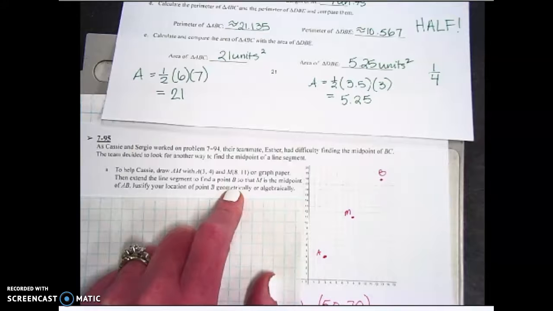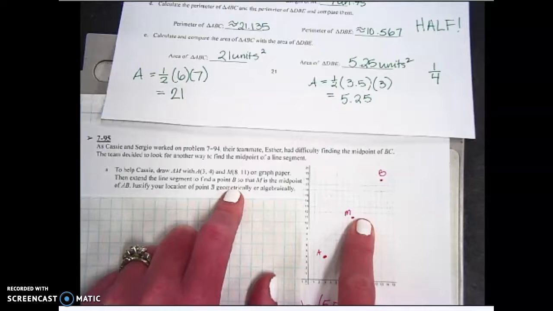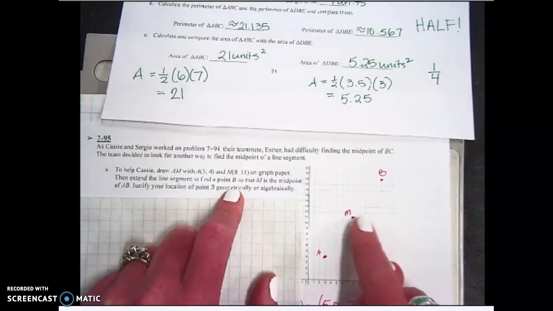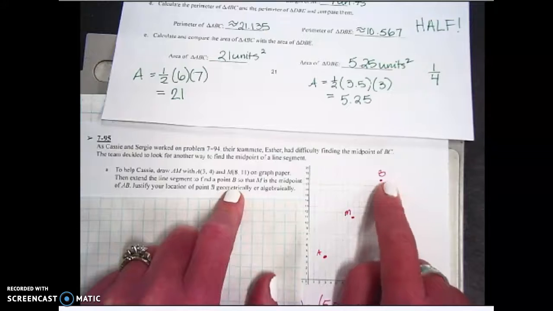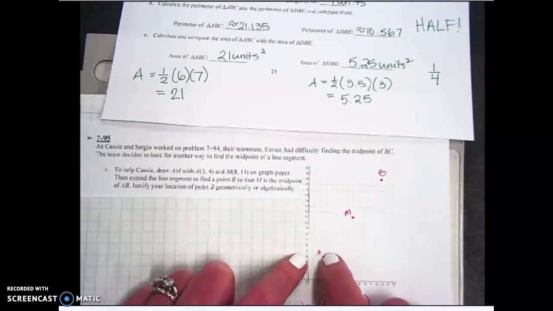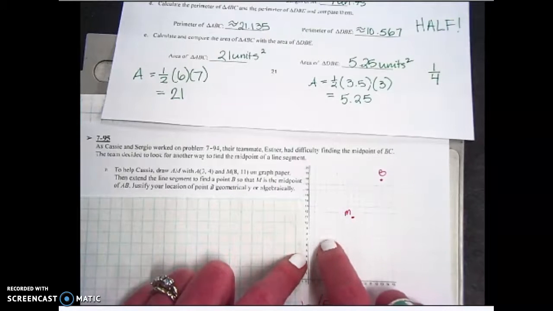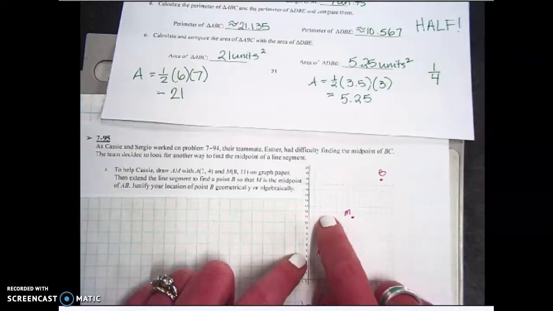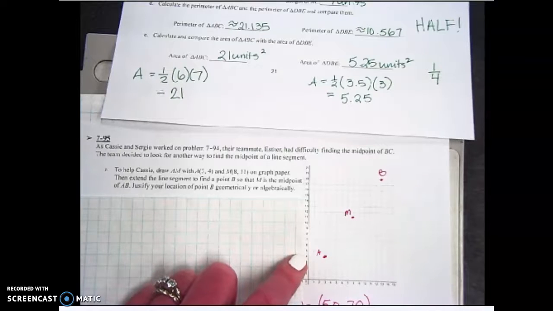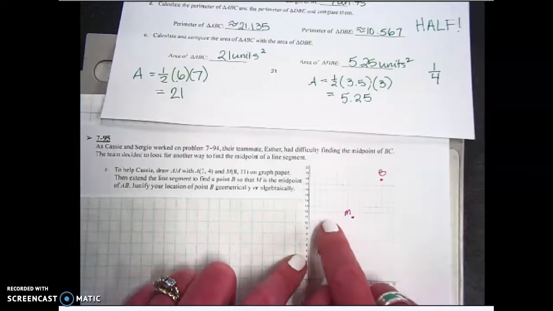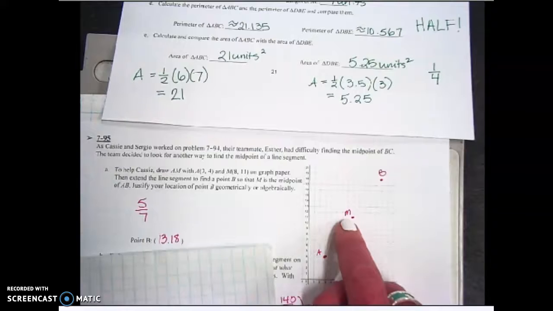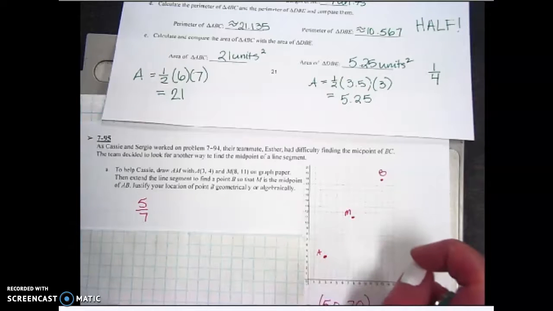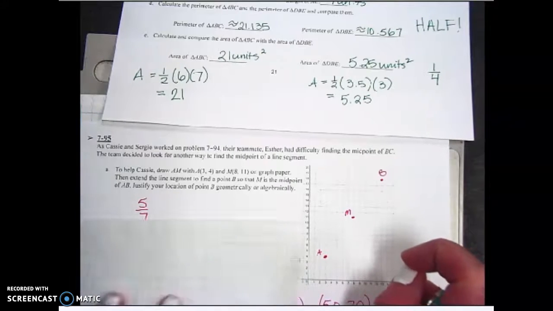So we need to find the other endpoint. One way to figure it out is to use the slope, right? I can go from A to M, and if it's the midpoint, it's going to be exactly the same from M to the other endpoint B. So I simply count up 1, 2, 3, 4, 5, 6, 7. Then I counted over 1, 2, 3, 4, 5. Oh, did I write it backwards? I did.